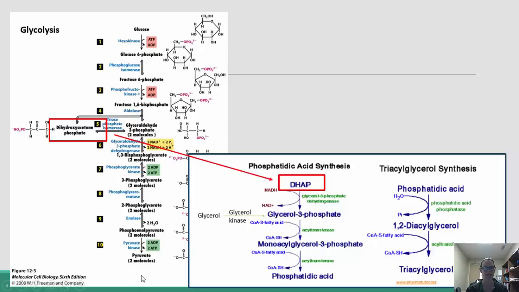So here's our figure from glycolysis, where we're converting glucose ultimately to 2 pyruvate, and one of our intermediates is this DHAP, and this DHAP can be used as a precursor to triglyceride synthesis. So we just need to dehydrogenate it, and then we're at our common substrate G3P.